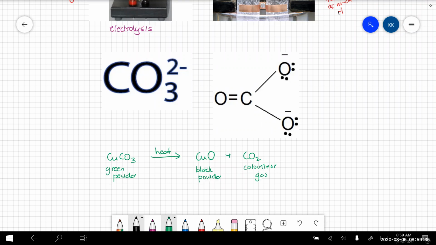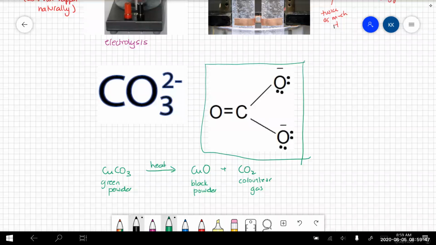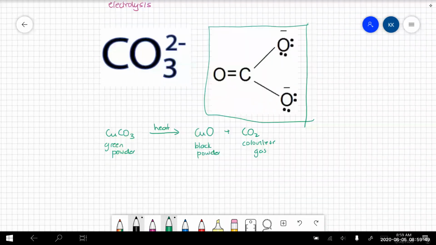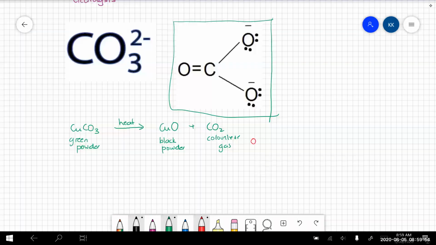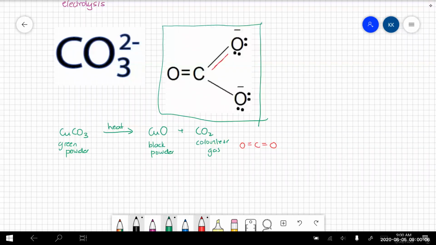So what's actually happening, if you look at the structure here of the carbonate ion, we have the carbonate ion already has a double bond to an oxygen. Now, carbon dioxide gas, the structure of that is an oxygen with a double bond to a carbon and then another double bond to an oxygen. So you can see we're close here. So what is actually going to happen here is this is going to form a double bond, and that means that negative won't be there.